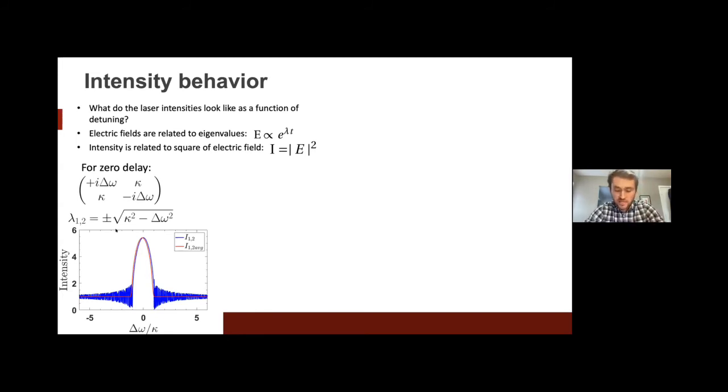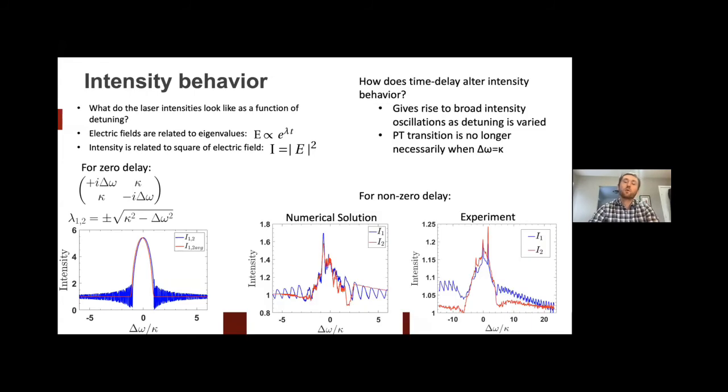So now I'm going to increase the complexity and introduce non-zero time delay. Again, we don't expect our effective Hamiltonian to be PT symmetric anymore, but what we find is that when I produce these intensity plots for non-zero delay, the basic features of PT symmetry are there. We see this phase transition where it should be. In the bottom right, on the left, I have numerical solutions based on the four coupled rate equations, and on the right, I have experimental data.